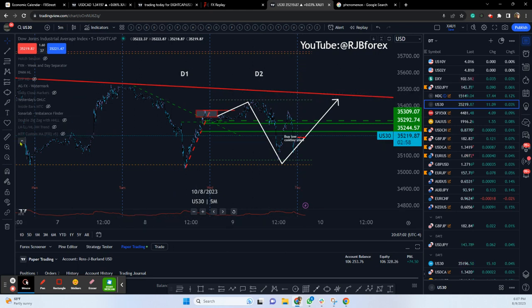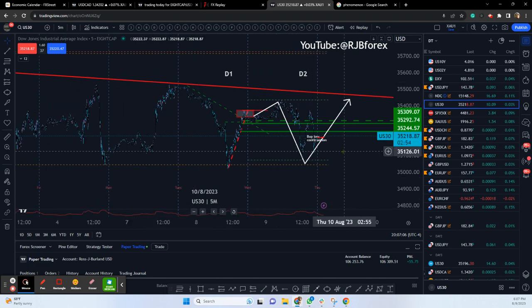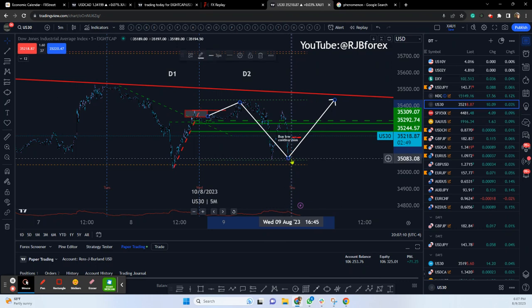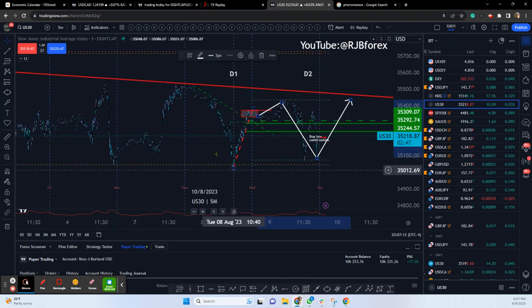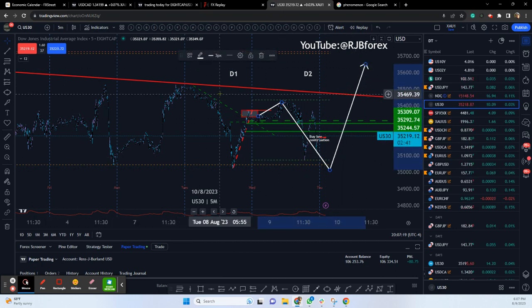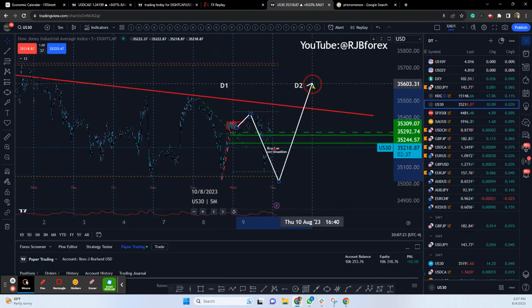US 30 then, day 3 for the move up from low of the week. Wednesday, so we're down towards the low of the week. Triple bottom for a move up, and see how we set up.